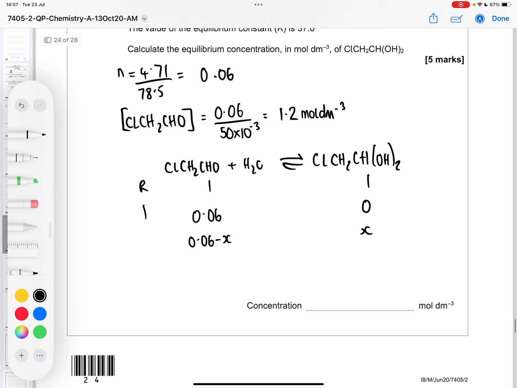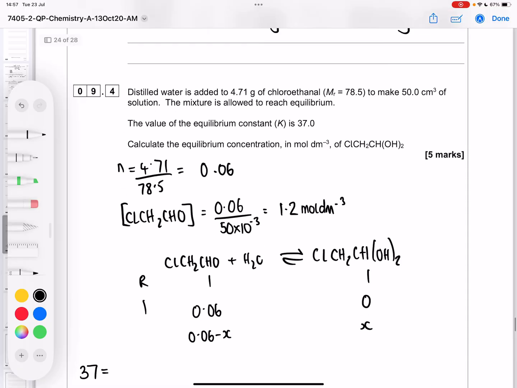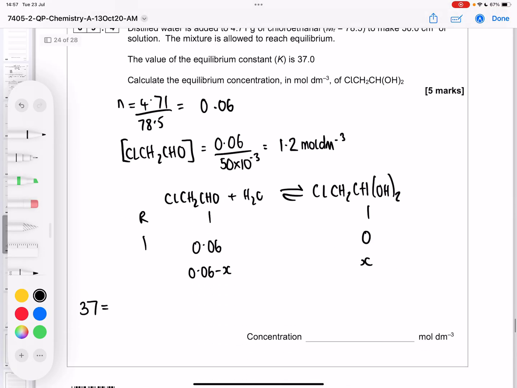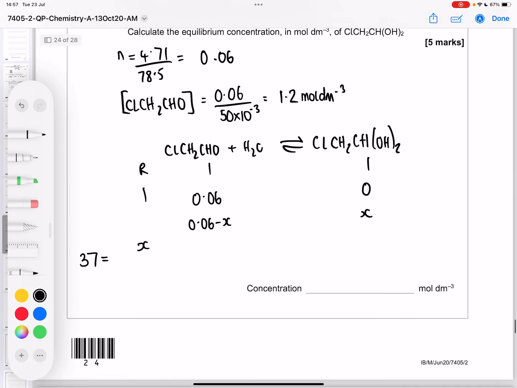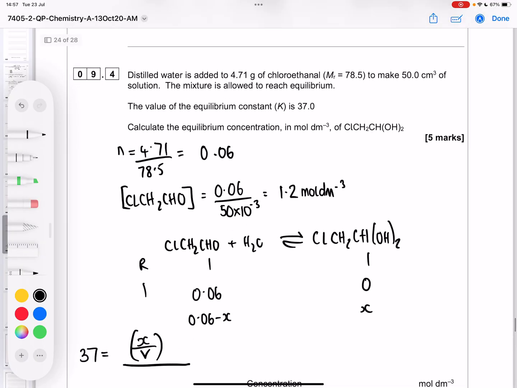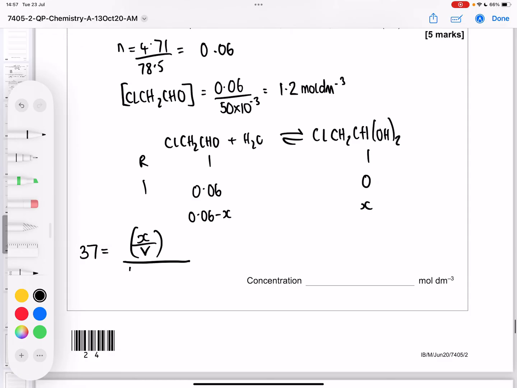If we were to put those into our expression, K is 37 equals, so it was x, but divided by our volume that we don't know, over, or we do know it's 50 centimetres cubed, 0.06 minus x over the volume. We can see that the volumes are going to cancel. So 37 brackets times by 0.06 minus x equals x.